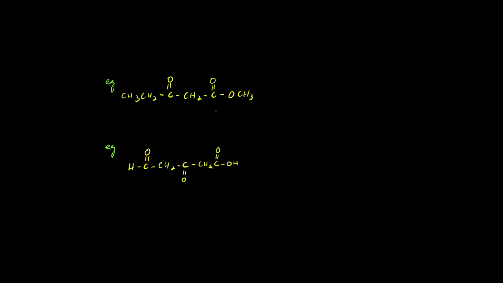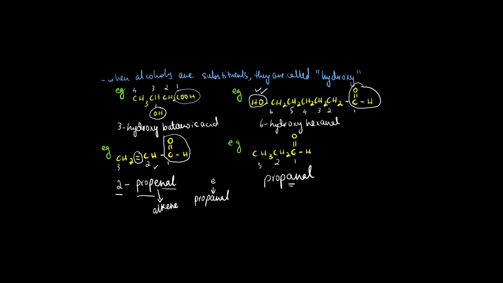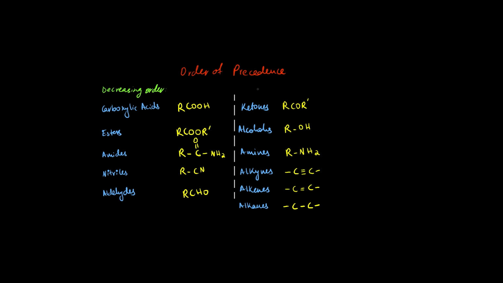Now moving on to the last two examples of this video. Now over here we can clearly see that we have a ketone group and we have an ester linkage. So it is an ester and a ketone. So let's see in the order of precedence what holds precedence. The esters hold precedence over ketones.